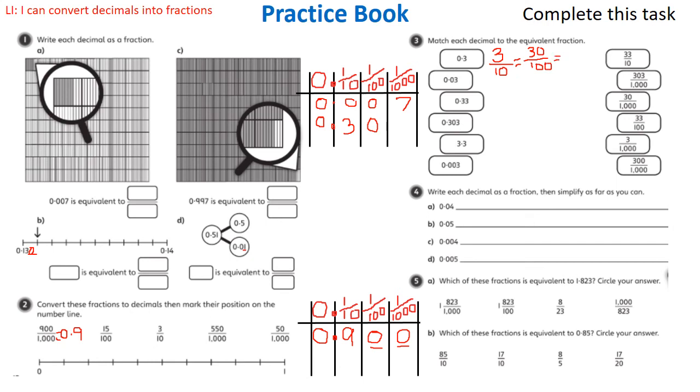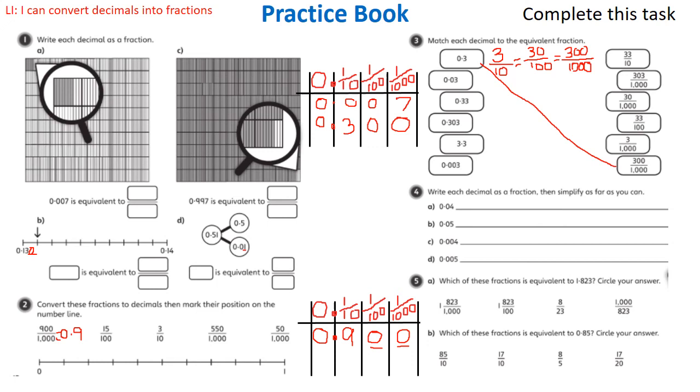What if I added another 0 in there? What's my fraction now? My fraction now is 300 over our denominator, which is 1,000. Now can I find which fraction it is? Yep, there it is. So I can link those two up.